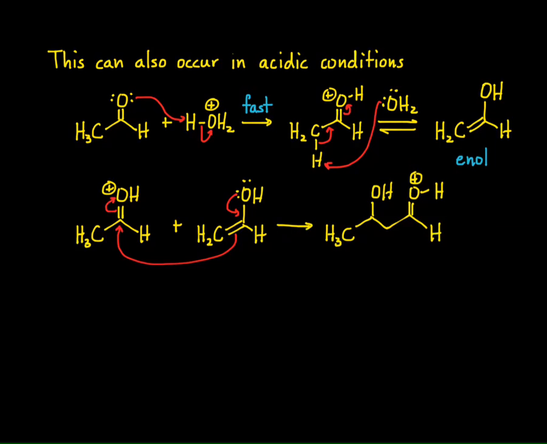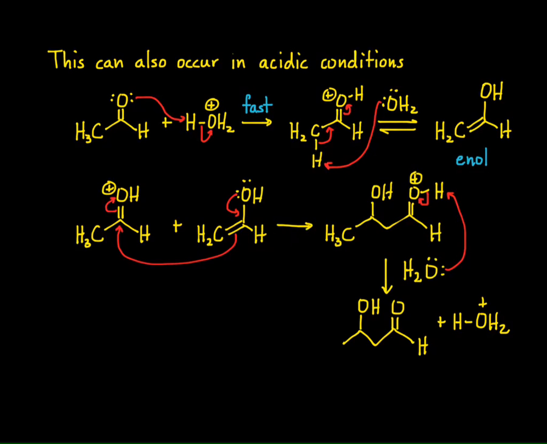Number one, we don't form an alkoxide, so there's no anion present. We actually have a cation present. So we generate an OH, and now the carbonyl is still protonated. And now all we have to do is, with water, deprotonate that carbonyl, and we generate our aldol. So now I have my aldol, and of course I regenerate my acid in the process.